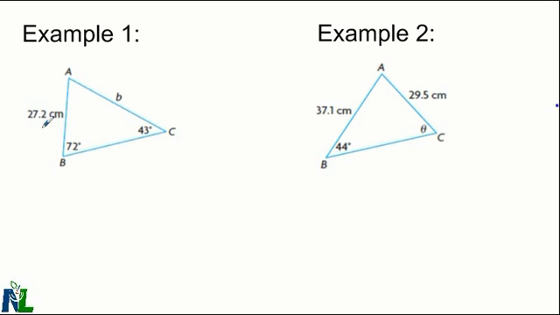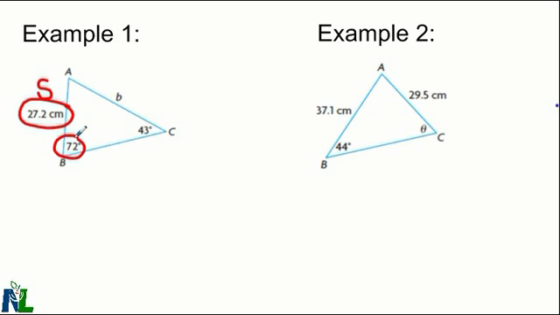In example 1 here, we are looking for angle B, but we're first going to decide if we should use the law of sines or not to help us find B. So to begin, I'm going to circle the information that's given to us. So I'm going to circle the 27.2. 27.2 is a side length, so I'm going to label that S. Then I have 72.